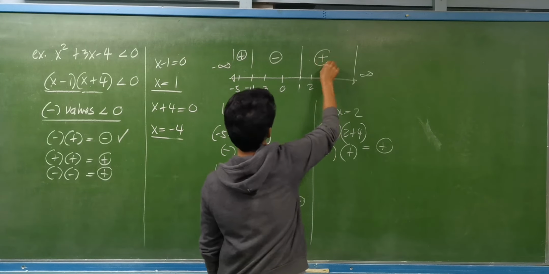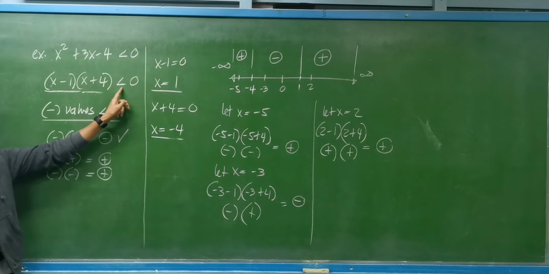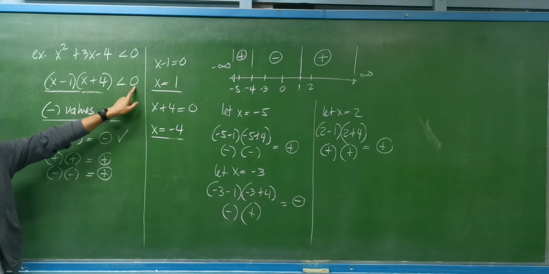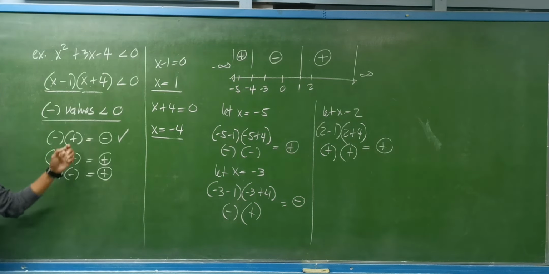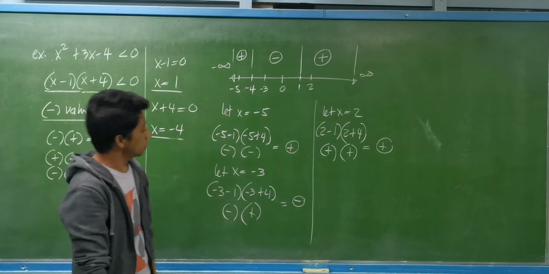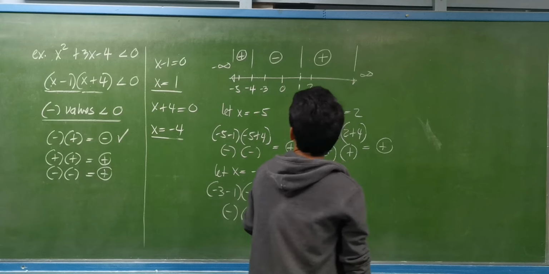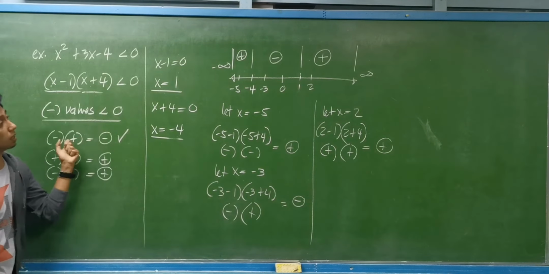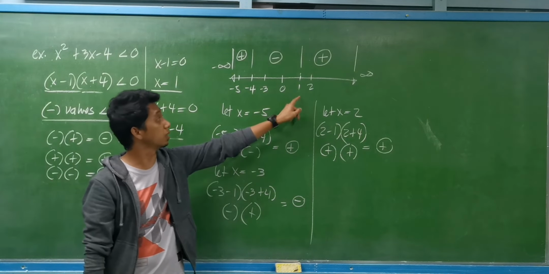This is also positive. Take note that to satisfy this inequality, the left side should be less than 0, and negative values are less than 0. So among these intervals, which interval satisfies the inequality? That is from negative 4 to 1.